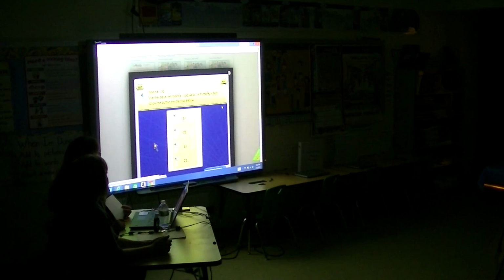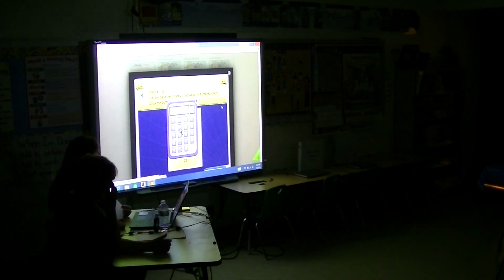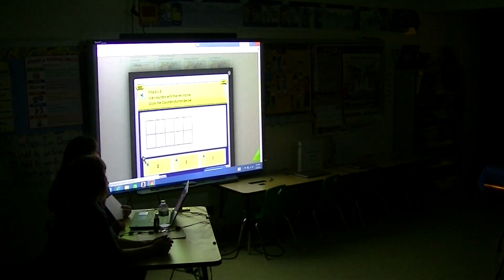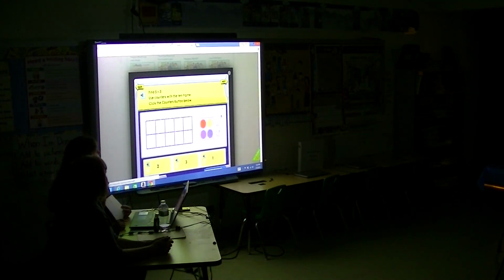Sometimes you will need to use a calculator. Click the numbers and symbols to add, subtract, multiply, or divide. Click the equal sign to find your answer. Some questions will use a 10 frame and counters. You can drag one counter at a time to the blank 10 frame.